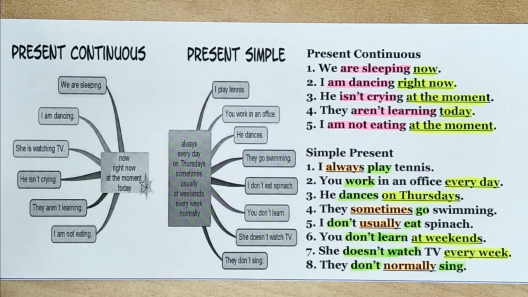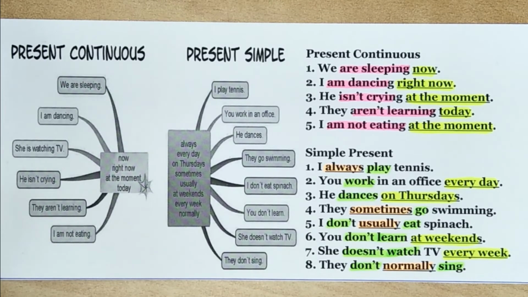Remember, time goes at the end of the sentence. 1. We are sleeping now. 2. I am dancing right now. 3. He isn't crying at the moment. 4. They aren't learning today. 5. I am not eating at the moment.